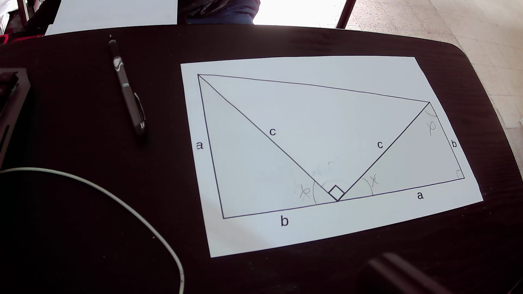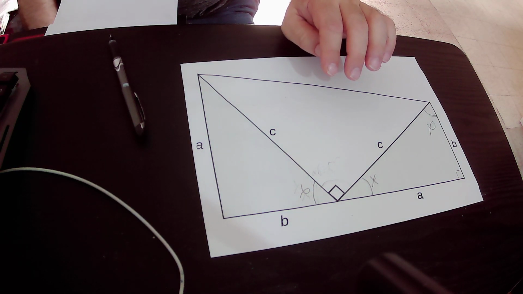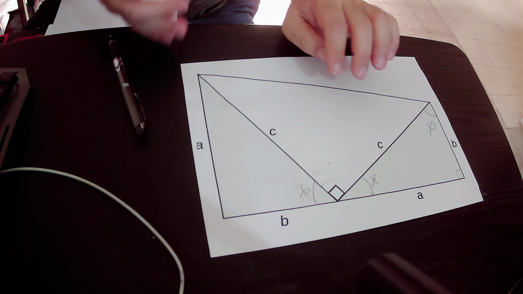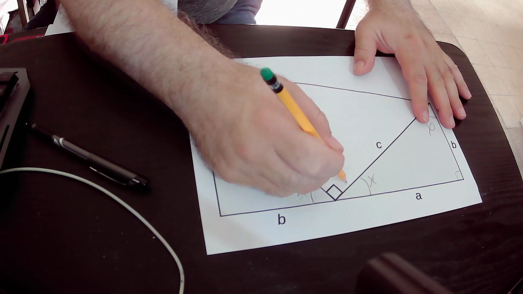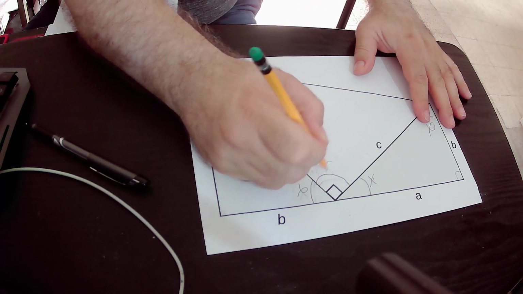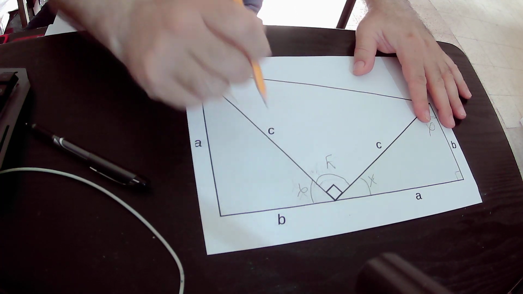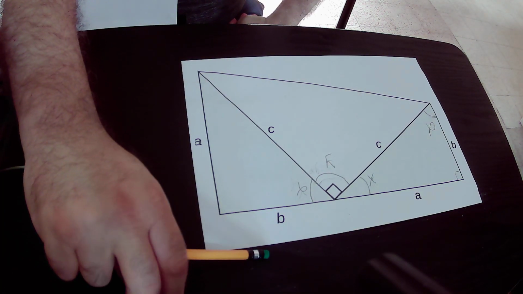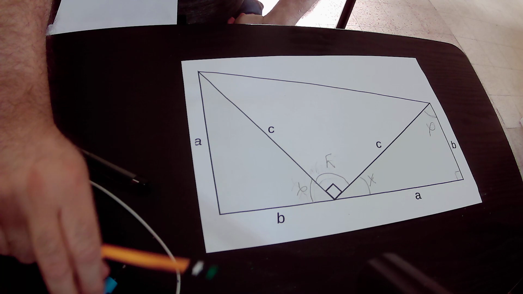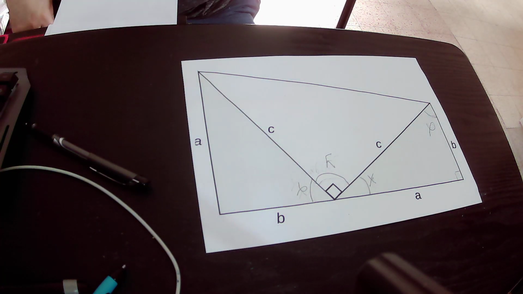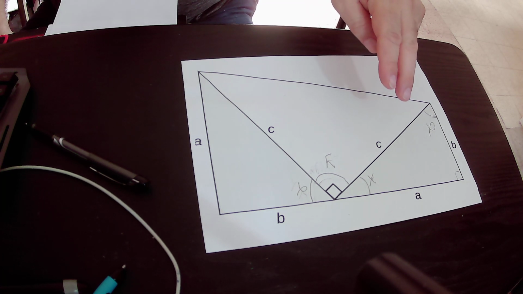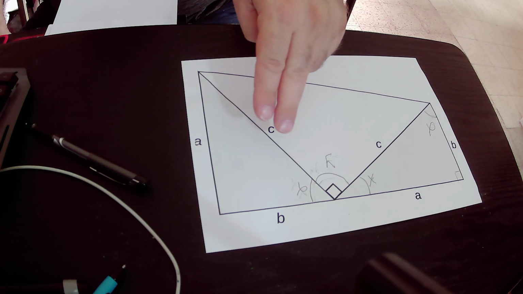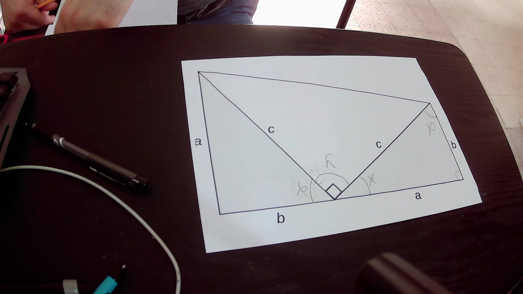If we look at the middle triangle, we actually don't know the size of this angle, so we will call it y. But we do know that the sum of the angles on one side of a straight line equals 180 degrees.